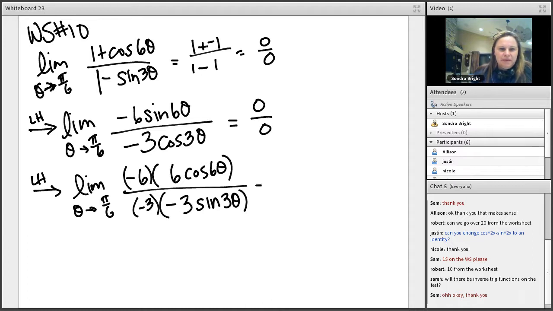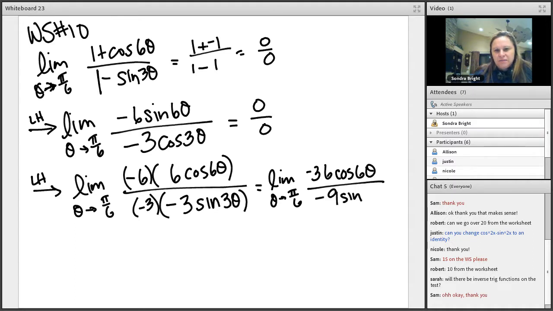So what does that end up being? That ends up being the limit as theta goes to pi over 6 of negative 36 cosine of 6 theta over negative 9 sine of 3 theta. Can I plug in pi over 6 now? Let's see.